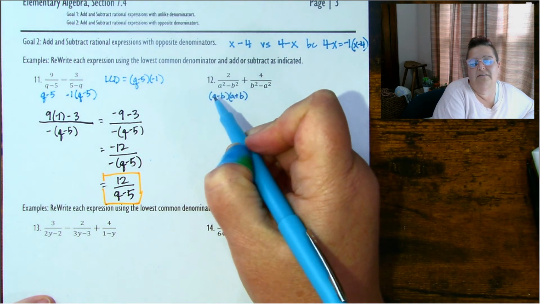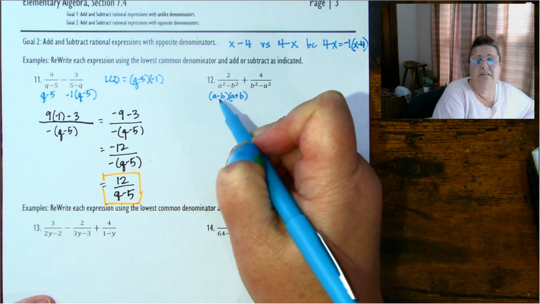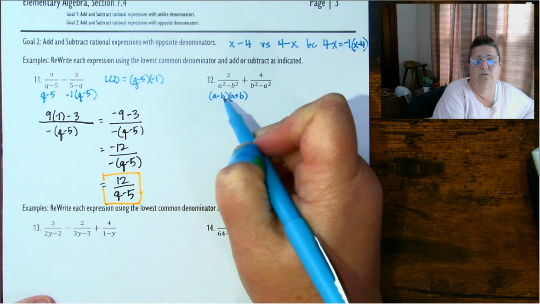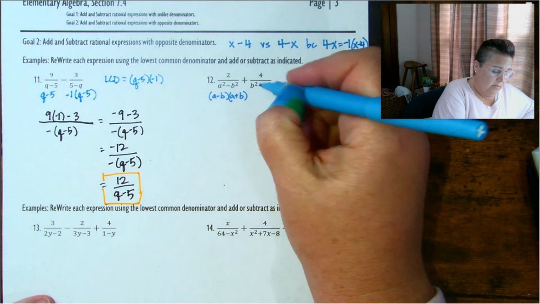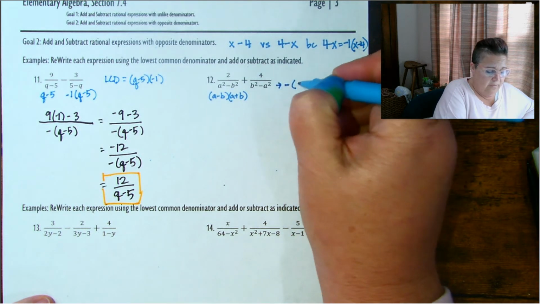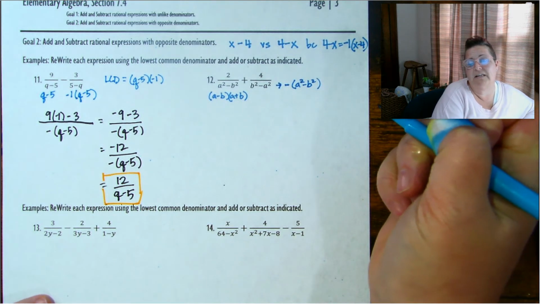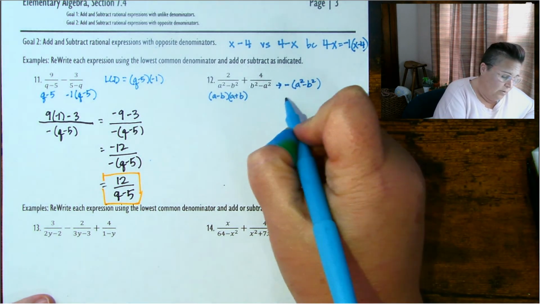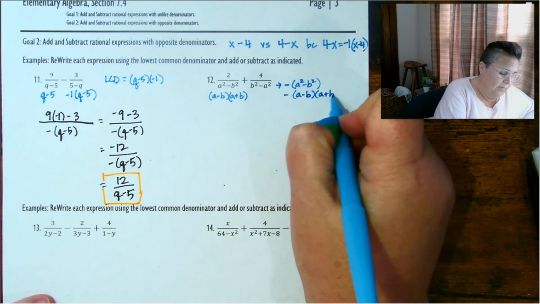Square root of a squared is a, square root of b squared is b. Difference of squares, square roots with different signs, right? Now, b squared minus a squared is the negative of a squared minus b squared. It is the opposite of a squared minus b squared, or a negative times a minus b, a plus b.